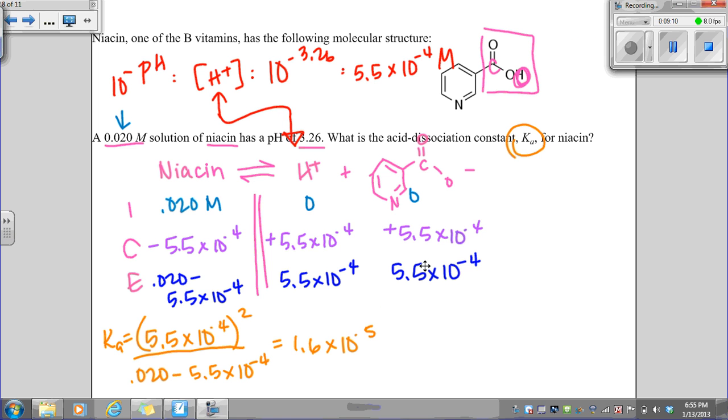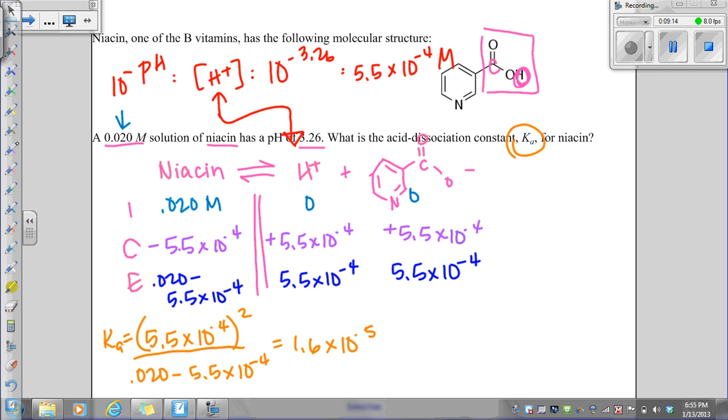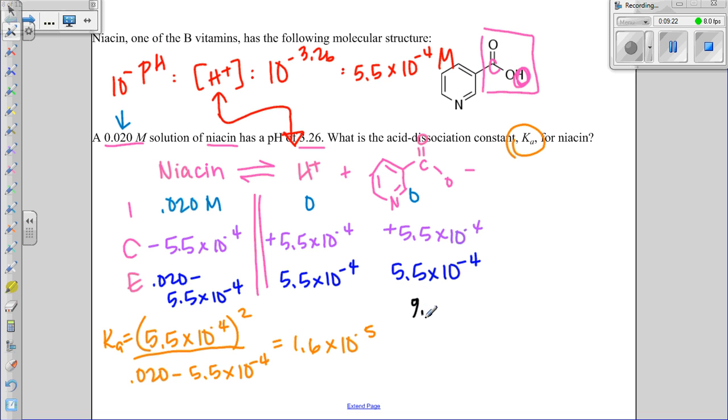Now the question doesn't ask us to do this, but just as a review, if they were to ask what percentage of the acid is ionized, so they're really looking for percent dissociation, remember what you're doing with that is you're taking the hydrogen or hydronium ion concentration and dividing it by the initial concentration of the acid.